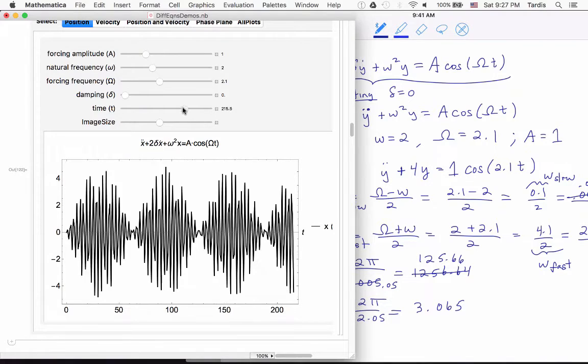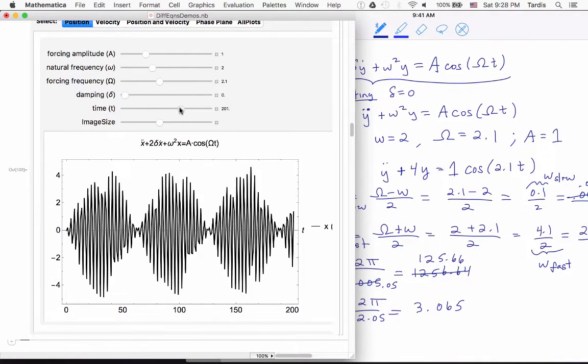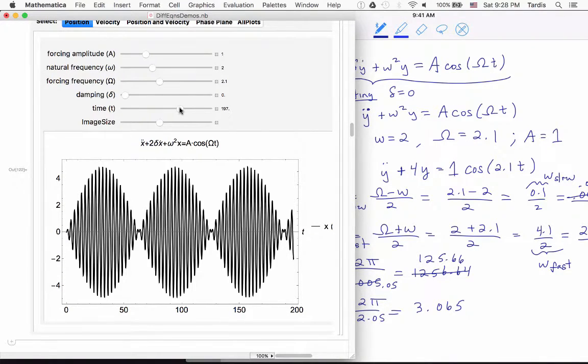So maybe make time a little bit smaller. Oh, it's the distance between beats, I think. It goes 1 period and then 2. So from there to there, that's about 125 seconds to go from here to here.